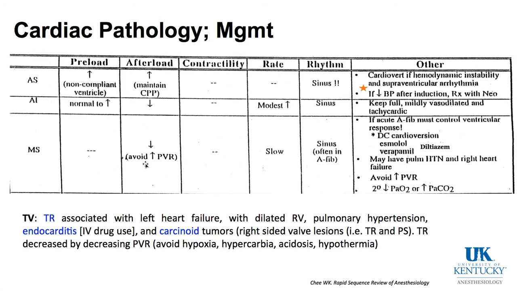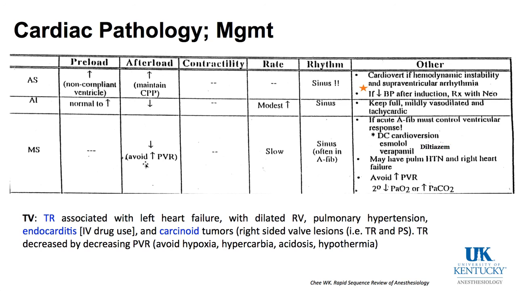Tricuspid valve. Tricuspid regurgitation is present in most of us, but it's a small amount and not a problem. But the most common cause of tricuspid regurgitation is probably left-sided failure with pressure backing up on the pulmonary circulation, pressure building up in the right heart, and then TR worsening.